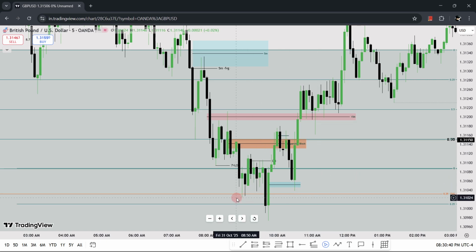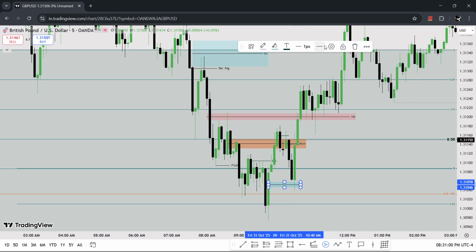Now we see there are short-term highs there, short-term highs taken. The structure shifted to the upside and came back to that order block right there. This is an important point that I will show you in a 1 minute chart.